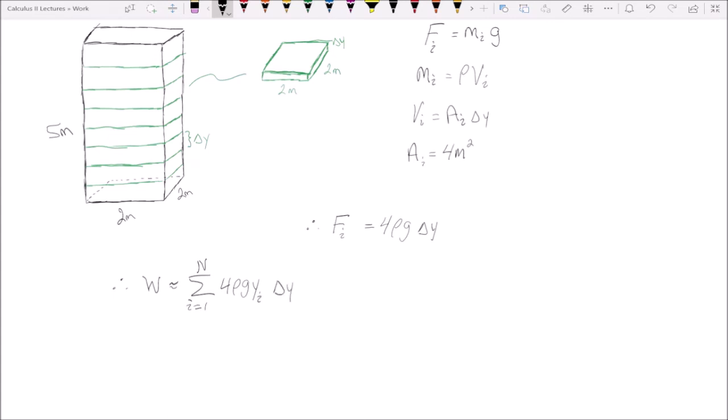Obviously that means that the work done is this limit as n goes to infinity.